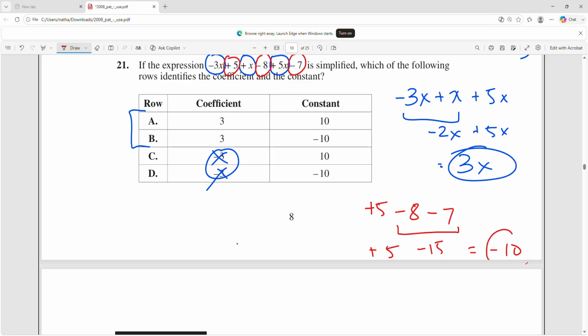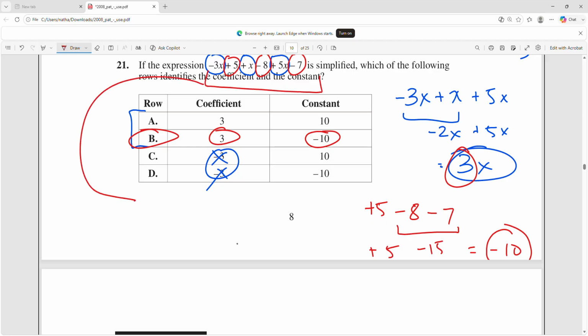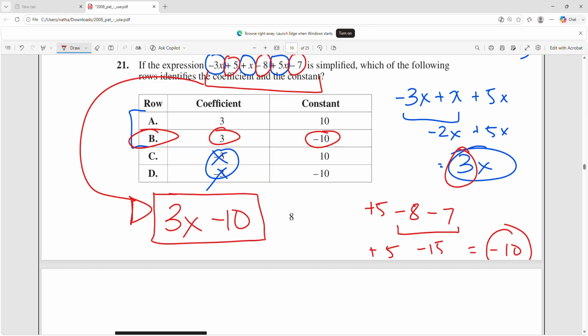So my constant is going to be negative 10, and my coefficient is going to be 3. So my answer is B. Also, I did these parts separately, but if we were combining them, our result would be 3x minus 10, right?